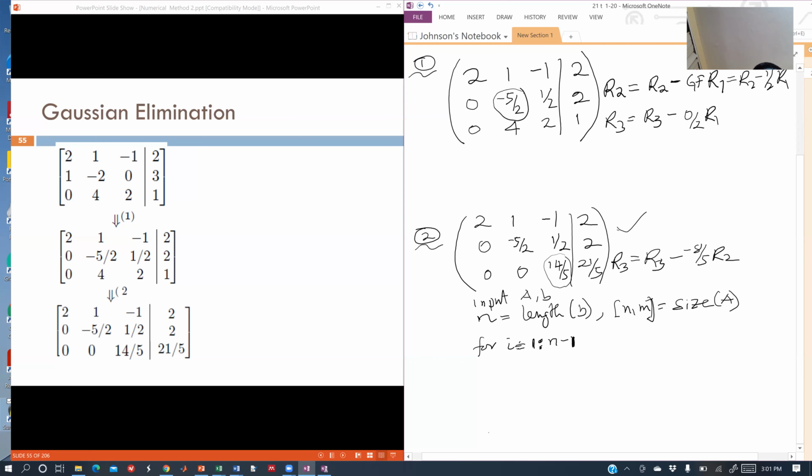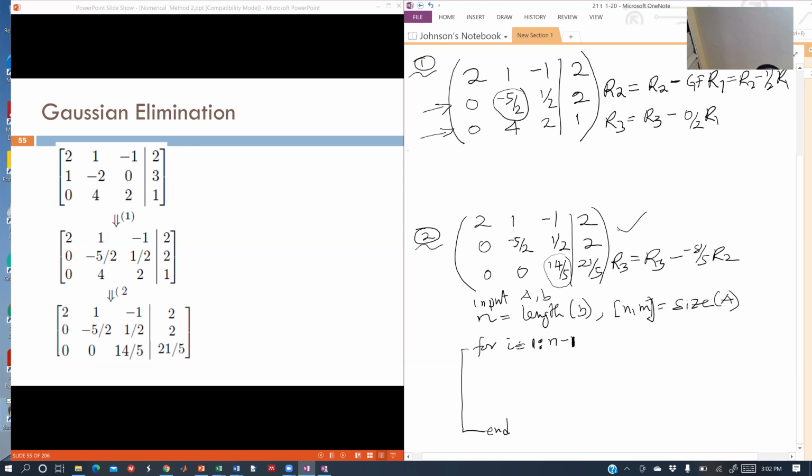So I end my iteration loop over here, i from 1 to n minus 1. Then, when I'm in iterations, you ask yourself, in any given iteration, how many different rows changed? When I'm in iteration 1, I change the entries in row 2, and I change the entries in row 3.